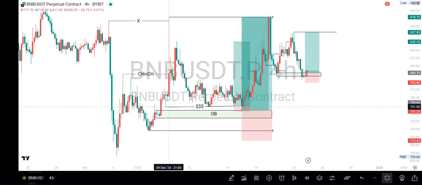It's only in a bearish market that you will see a swing high or equal high, but in a bullish scenario such as this, it is an equal low or a swing low.